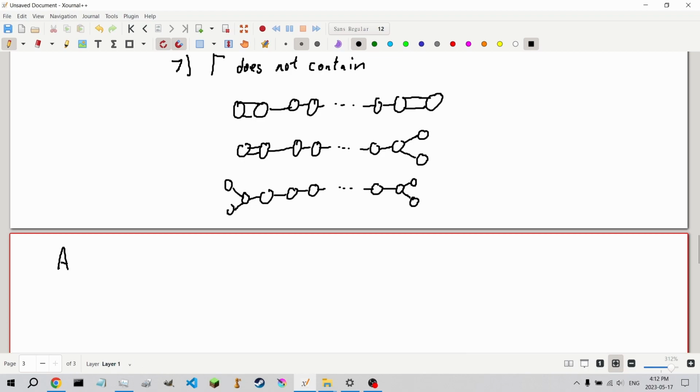So our proof assumes otherwise. And then by our previous result, we can generate the following graphs.